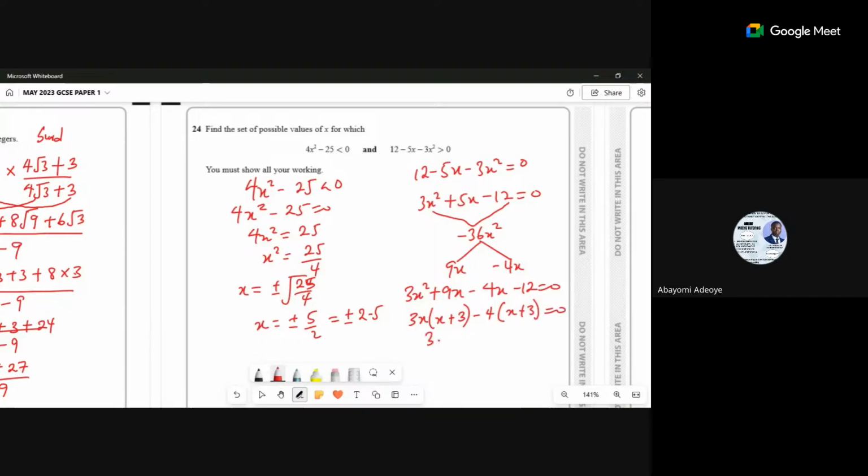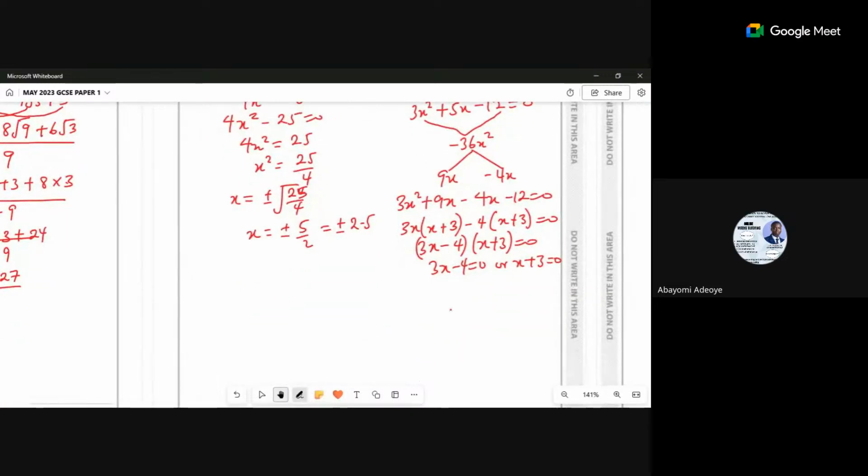So you have 3x minus 4 times x plus 3 equals 0. So 3x minus 4 equals 0, or x plus 3 equals 0. So you have x equals 4 over 3, or negative 3, right? Yeah. All right.